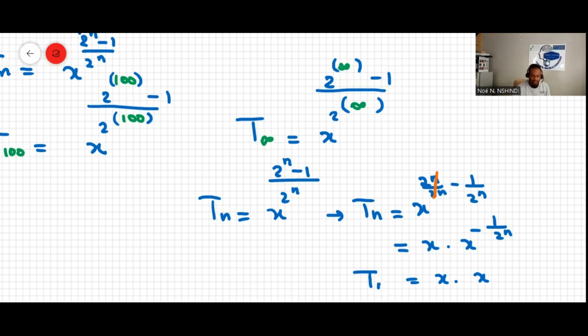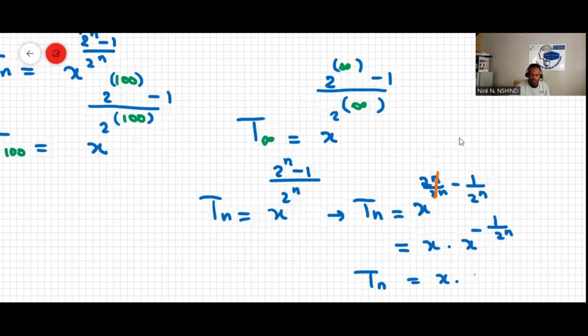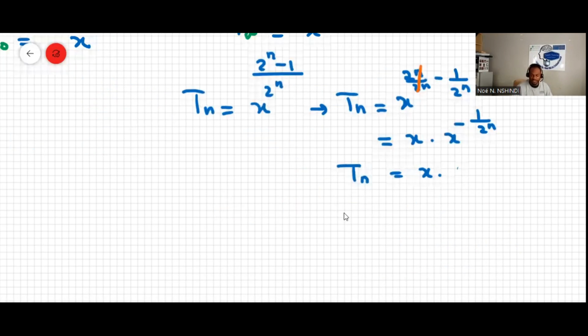Let's keep on simplifying this. The negative exponent here means it is at the denominator, so it's like 1 over x to the 2n.